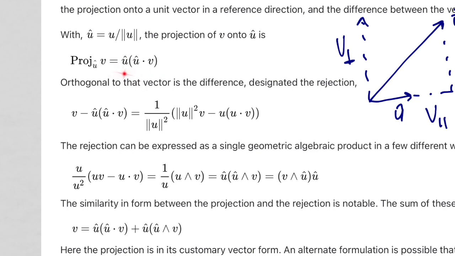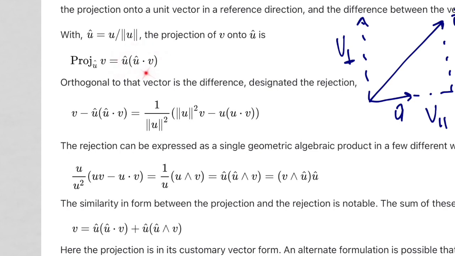And this is a geometric algebra expression, right? It's the space-time product of the unit vector u with the dot product of u hat on v. And in geometric algebra, this dot product is simply the metric contraction of u hat onto v.